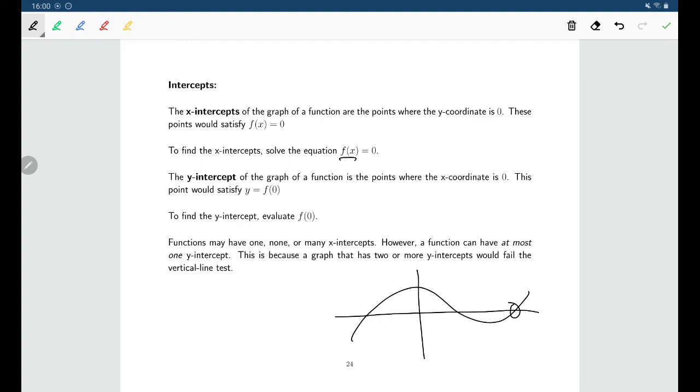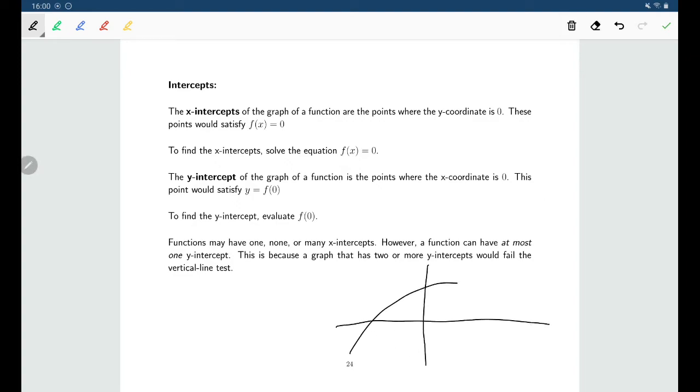So if you want to find the x-intercepts, you're going to need to find out where is y 0, or in other words, where is the function f of x equal to 0. If you're thinking about y-intercepts, that's where you cross the y-axis, and when you cross the y-axis, the x value is 0. So to find the y-intercept, you just need to evaluate what is f of 0. What's the y value when x is 0?